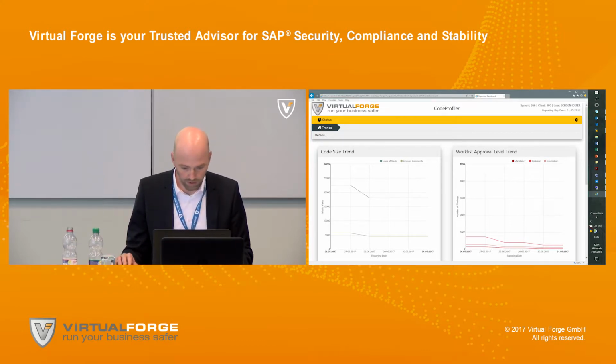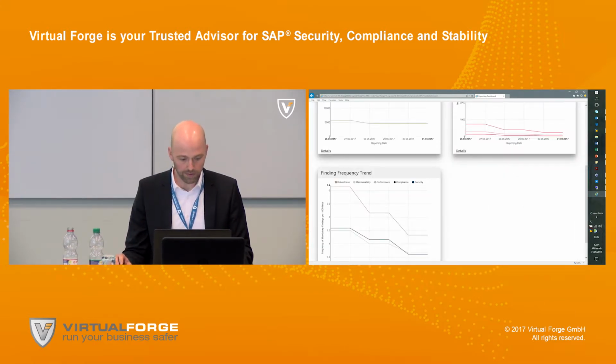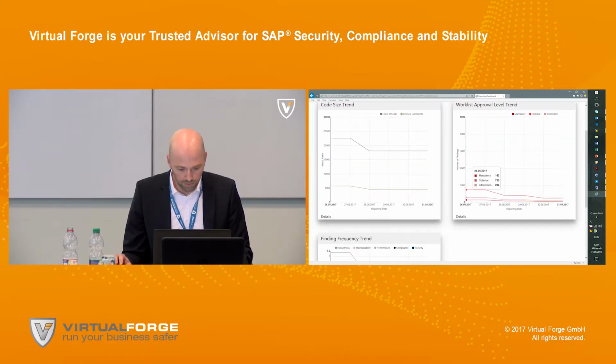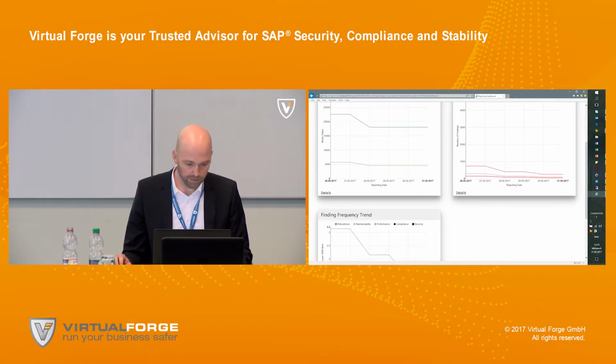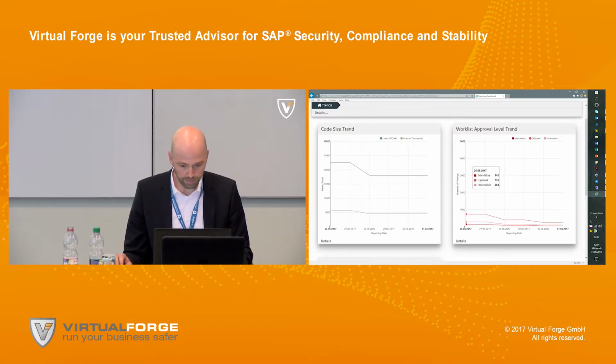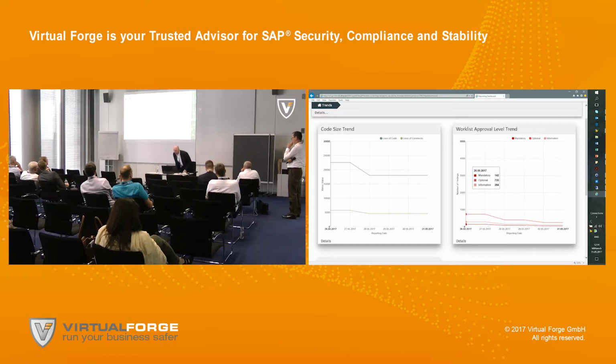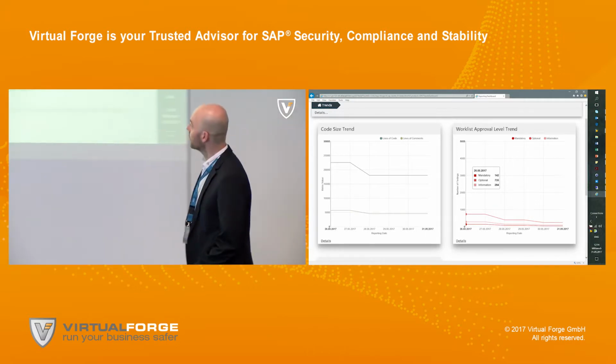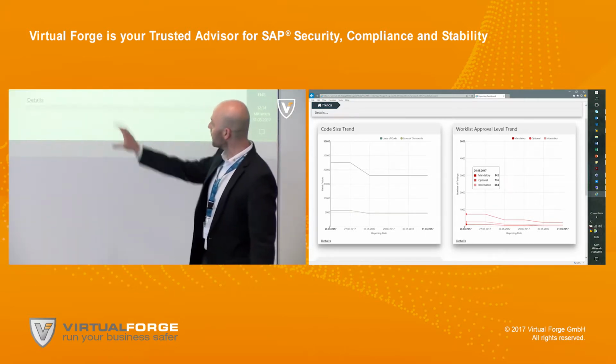for the trend reporting, and I'm opening the trends in here. So you see currently we have for CodeProfiler 3 trends. Let me quickly explain what we do have here. In the top left area you see a code size trend.